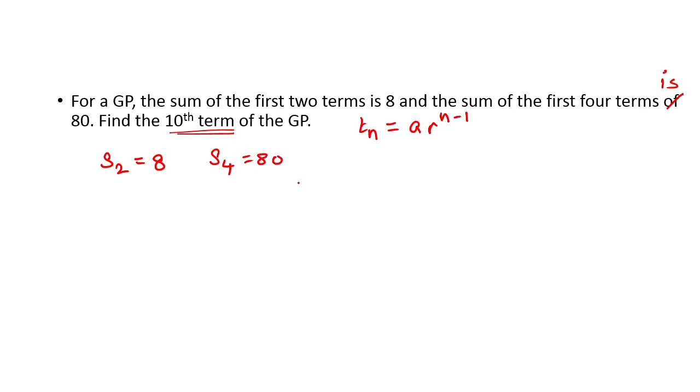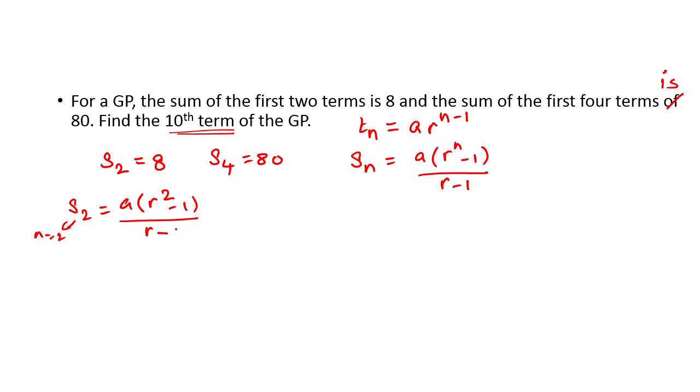What we know in general is Sn is given by the formula a into r raised to n minus 1 upon r minus 1. This is the formula for Sn, the sum of the first n terms of a geometric progression. So S2, as per this formula, should be a into r square minus 1 upon r minus 1, where n is equal to 2, and this S2 is given to be equal to 8.